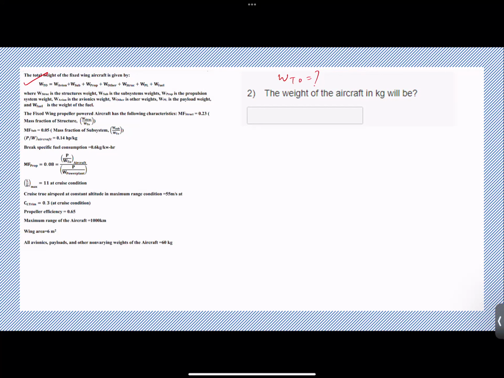I've asked you the W takeoff. So that equation is given to you. Try manipulating the terms of that equation here to get the quantities that are already given to you in the question.